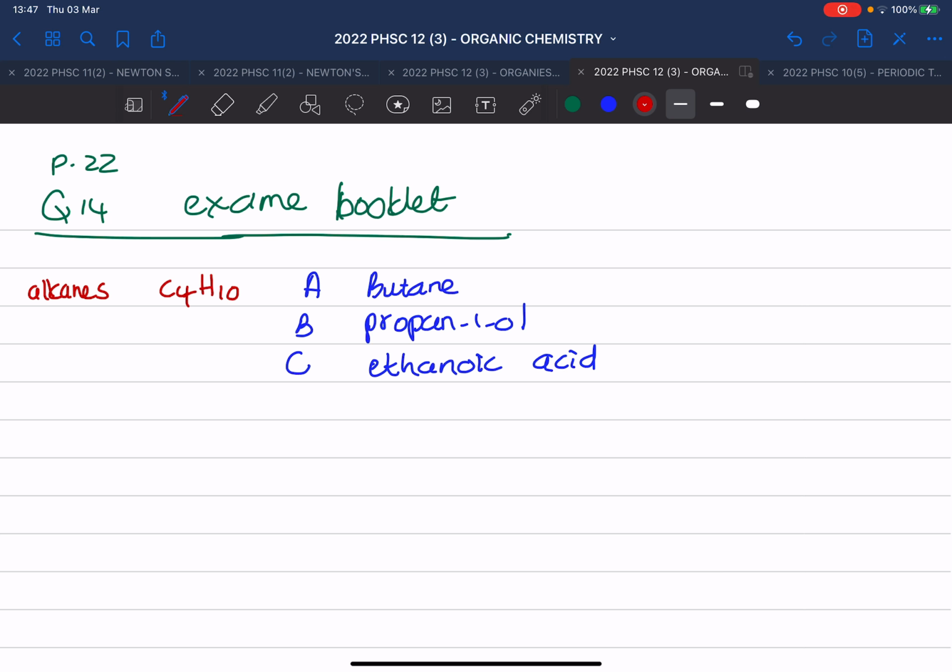Propan-1-ol. It is the alcohols. Propan is C3H, I think it's going to be H10, H8. Help me. Is it 8?